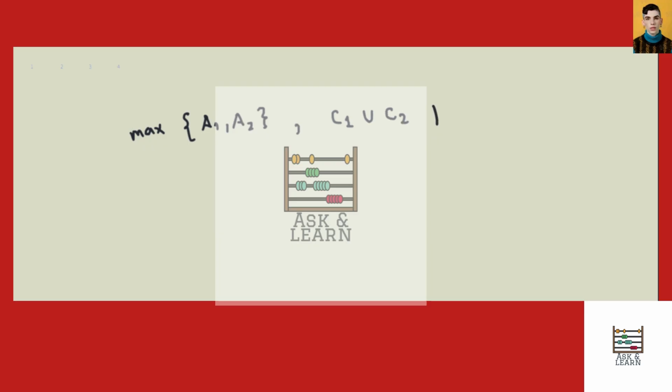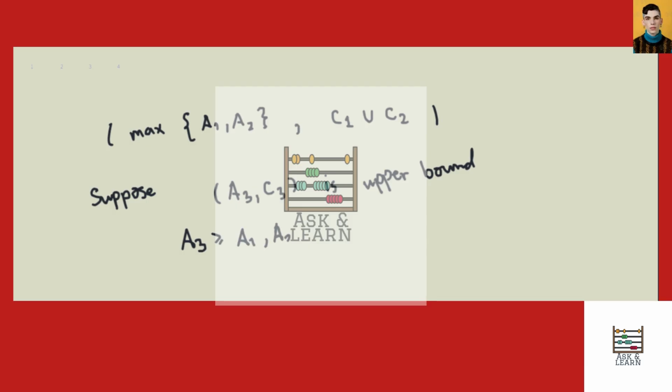All right, if we have another element, call it A3 C3, that is an upper bound of that set, then A3 must be greater than or equal to A1 and A2, right?